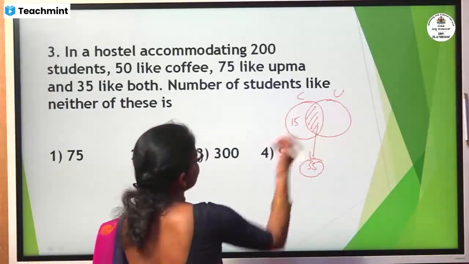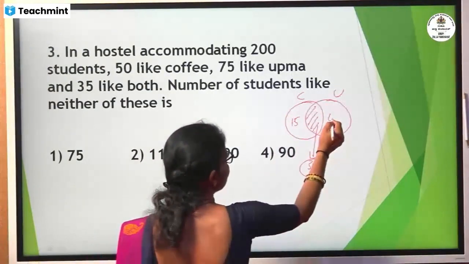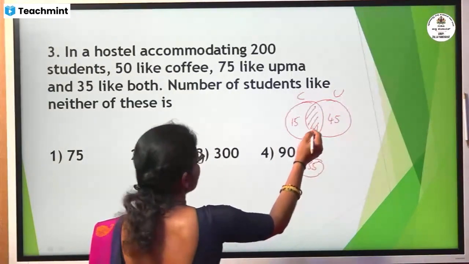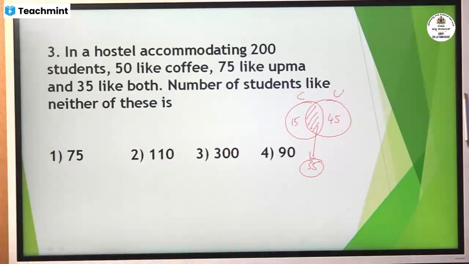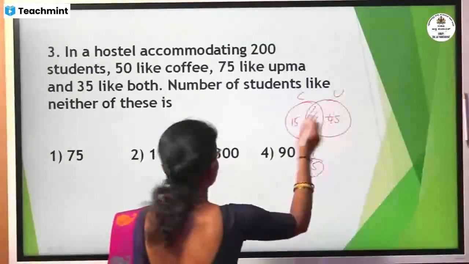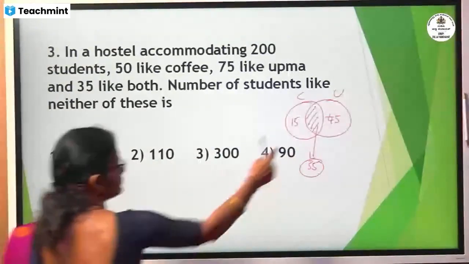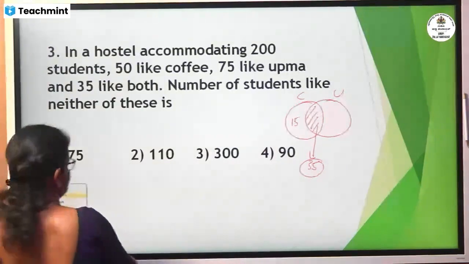Next consider upma, 75 is there. So this will be 45. Sorry, it is 40.